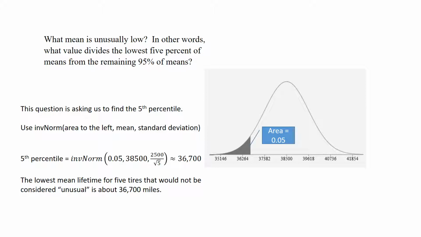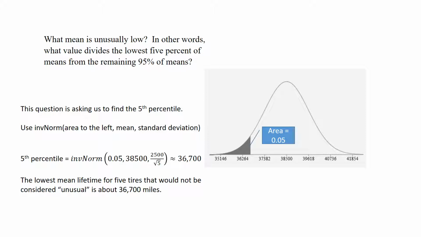So then the next type of question we could ask, what mean for these 5 sample tires is unusually low? In other words, what value divides the lowest 5% of means from the remaining 95% of means?